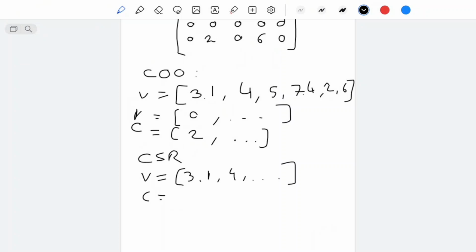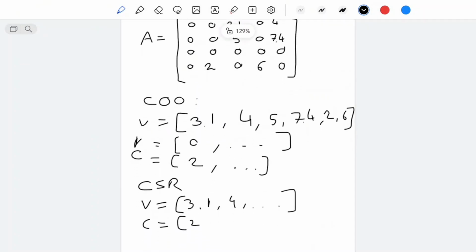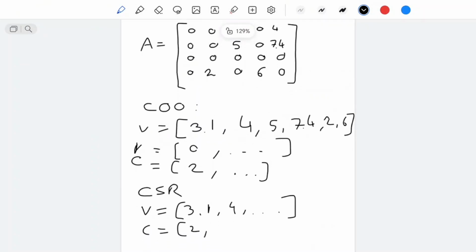That is 2, because 3.1 is in column 2, then 4, then 2 again because 5 is in column number 2, and so on.